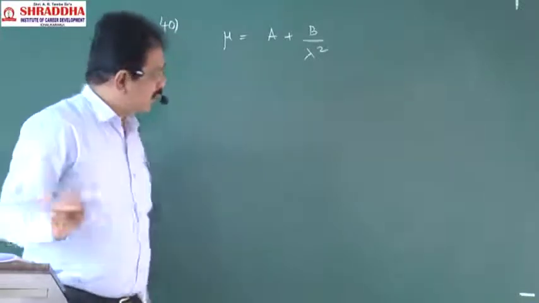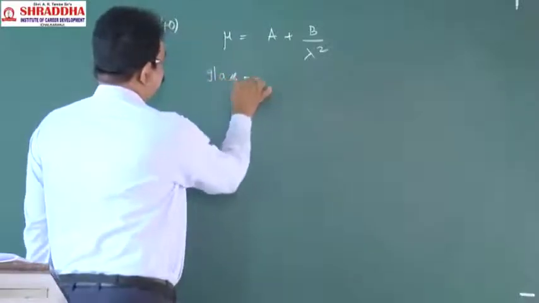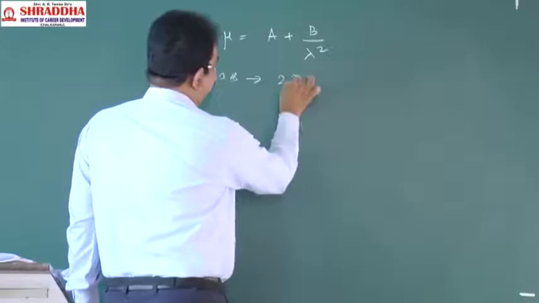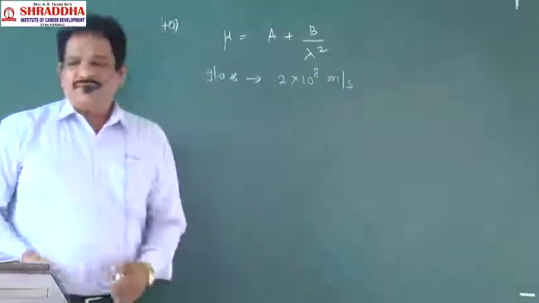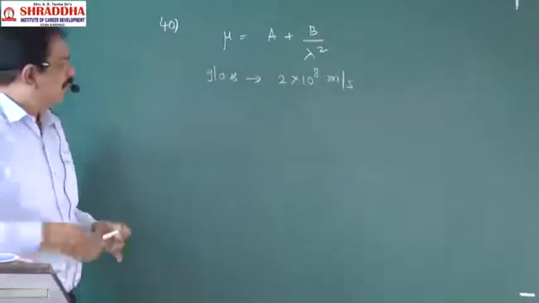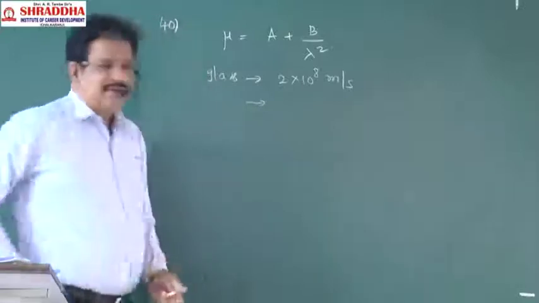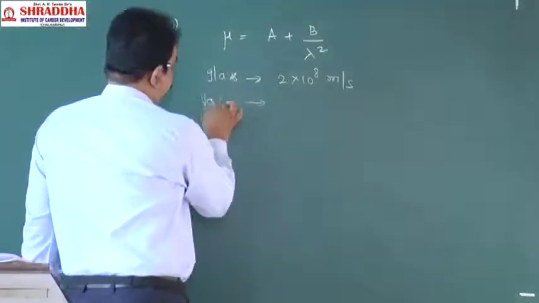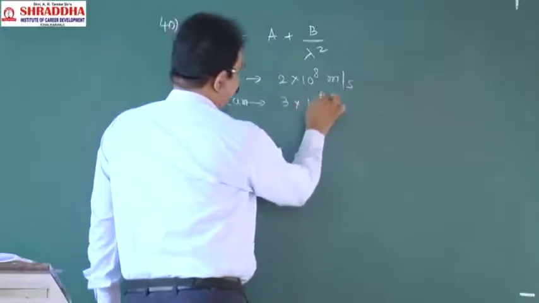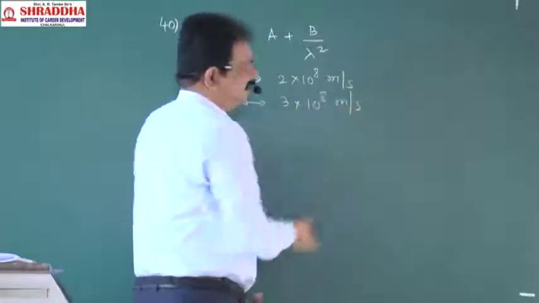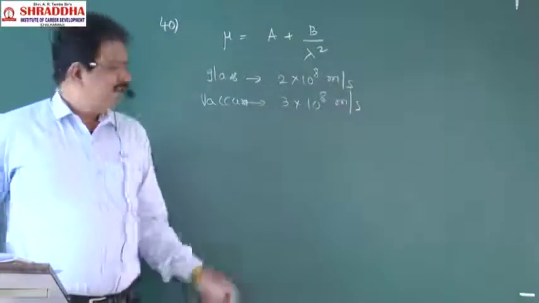For example, in the glass, if light is traveling with some velocity, and in the vacuum, velocity of light, let it be 3 into 10 power 8 meter per second.